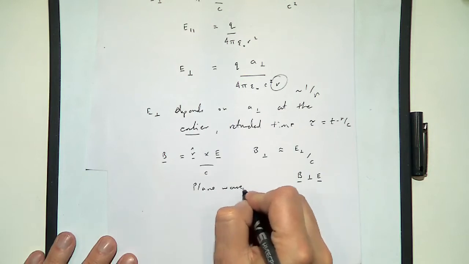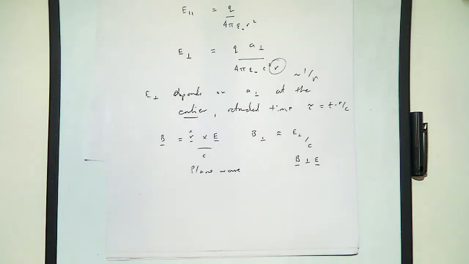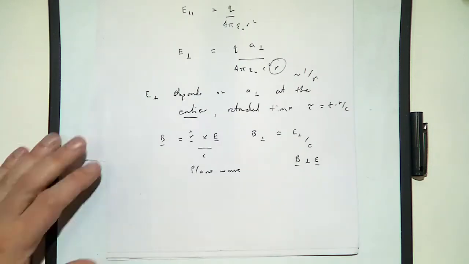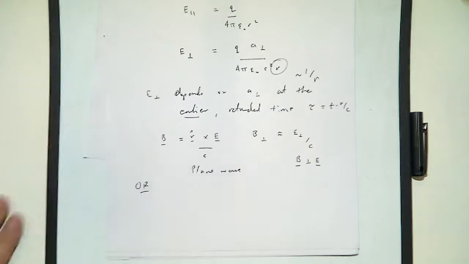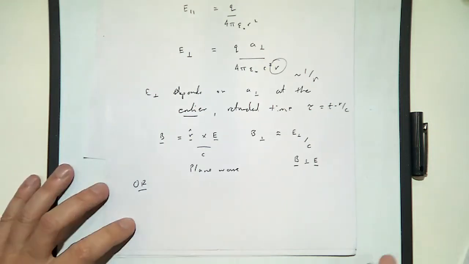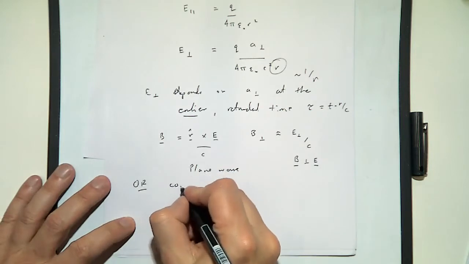Now, that's the argument by saying when we're sufficiently far away we have a plane wave. You can also do this whole derivation by working out the magnetic field which is induced by a small generation of a current. Okay, so we looked at the electric field component and we said, how does the electric field change when I have a small acceleration? You can do an equivalent derivation and directly obtain the magnetic field.